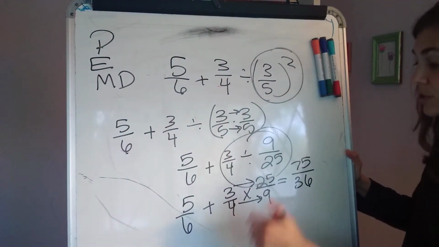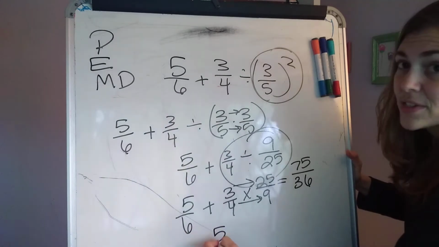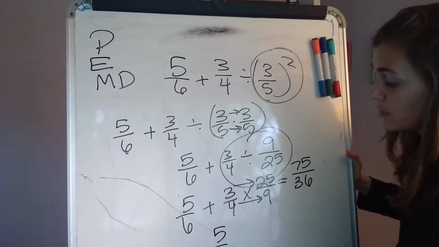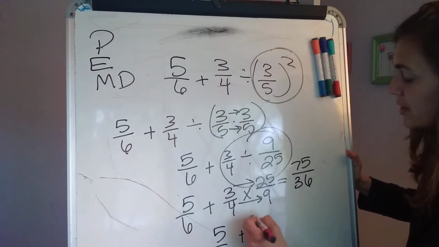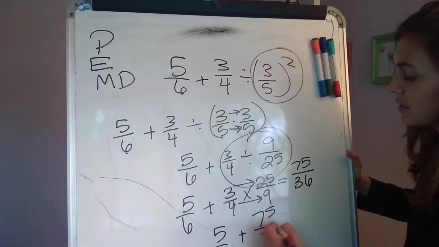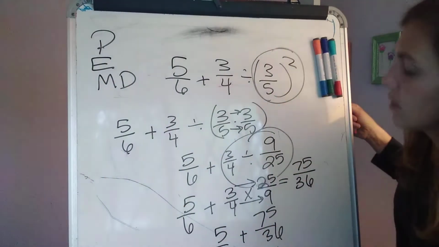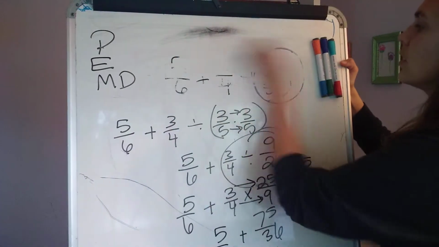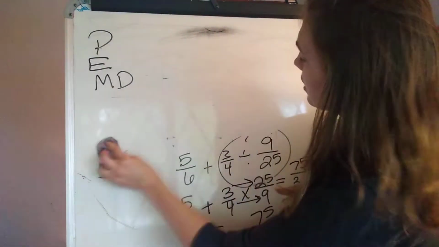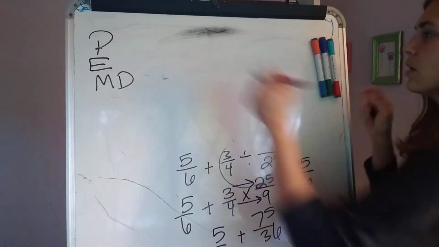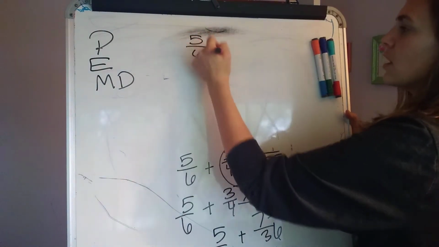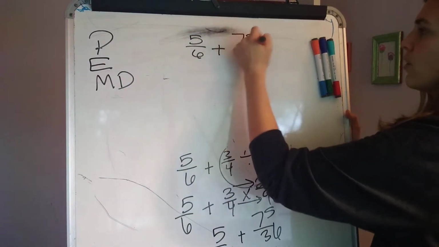So now we are just left with 5/6, which I'm going to move up to the top because you can't really see it on the screen, plus 75 over 36. We are left with our very last operation. So we take 5/6 plus 75 over 36.